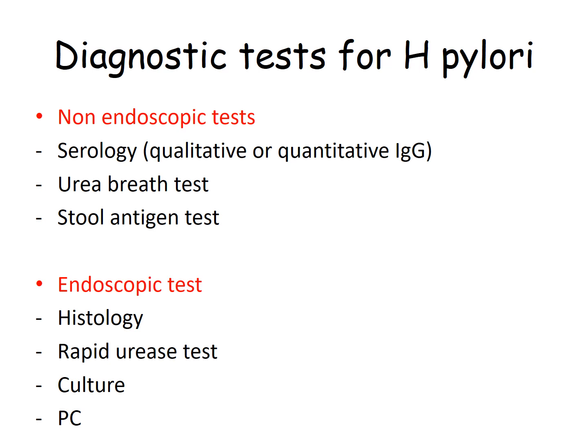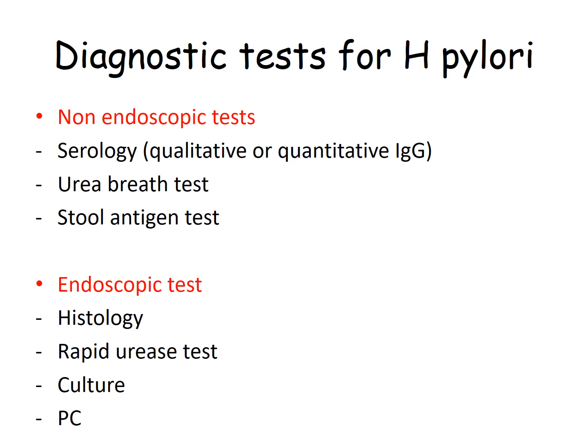Now endoscopic test. It is an invasive procedure. We have to put an endoscopic tube into our mouth and find the organism in our stomach, or take some tissue part to find out if there is an organism. So histologically, and again a rapid urease test. So we will take a tissue part from the ulcer and do a urease test to find out the organism.